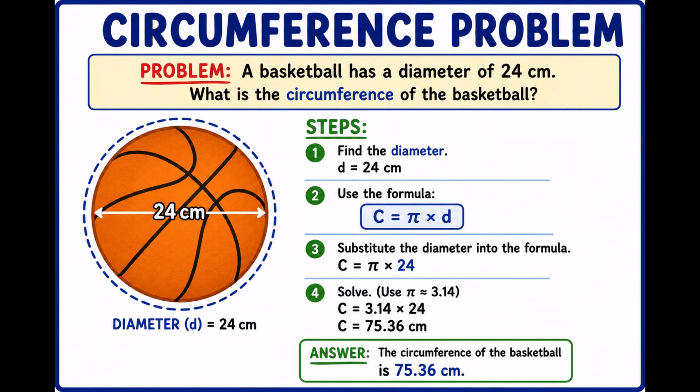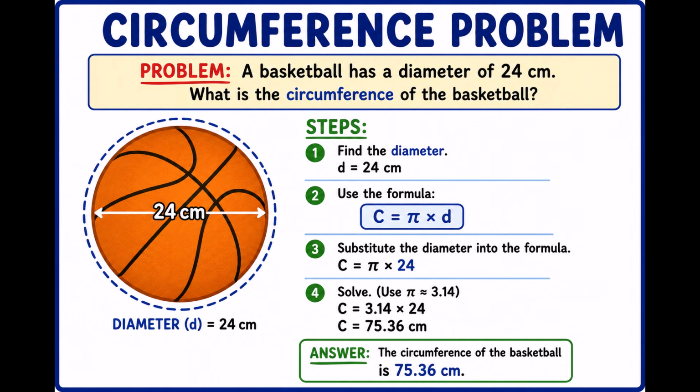Substitute the diameter into the formula. That means pi times 24 equals C. Let's solve it. Pi always means 3.14.